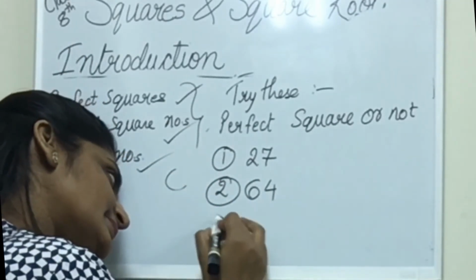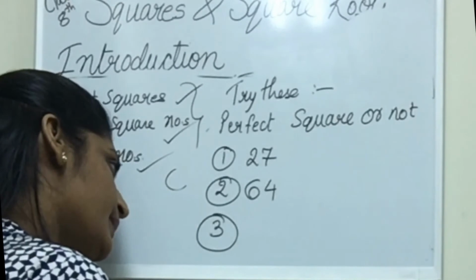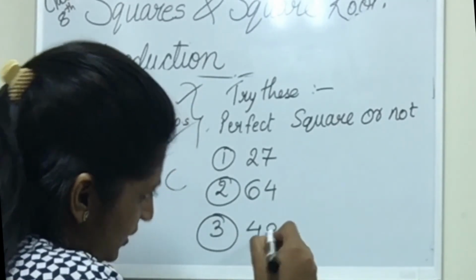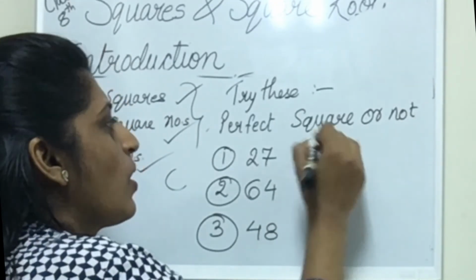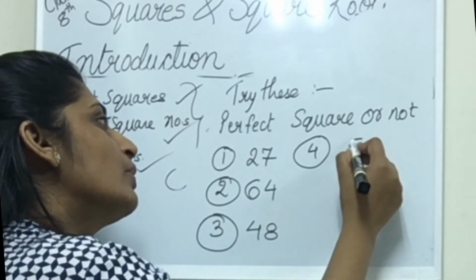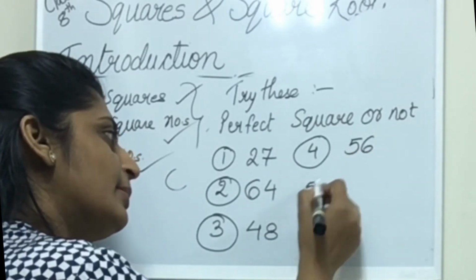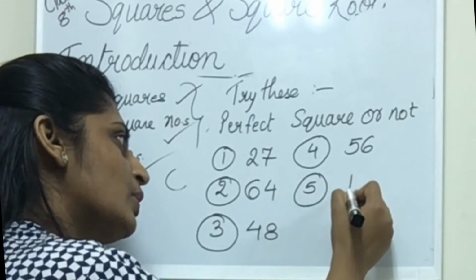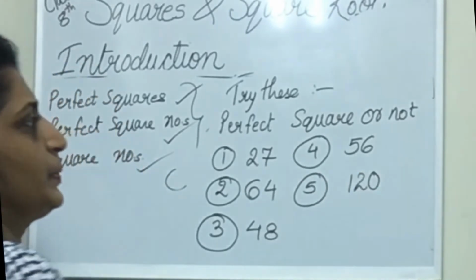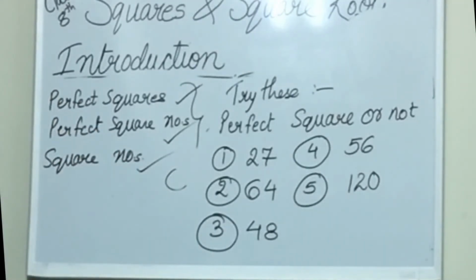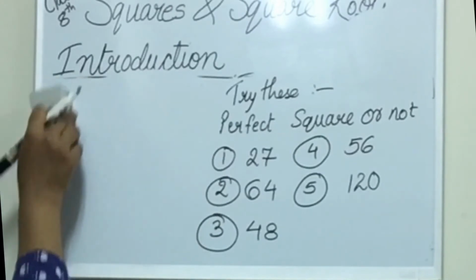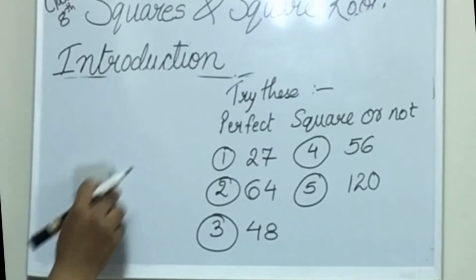Third number is 48. Fourth number is 56. Fifth number is 120.